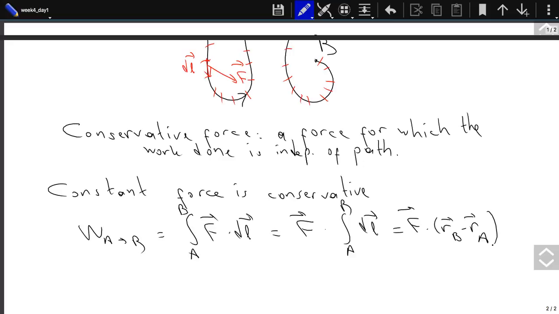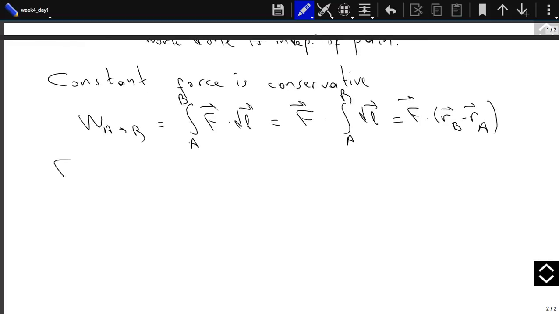Now, the constant force is one example of a conservative force, but we also know other examples that are conservative, like the gravitational force, which was Newton's constant G, m1 m2 over r squared in the r direction. This is a conservative force. We had proven it in the mechanics course that this is conservative.